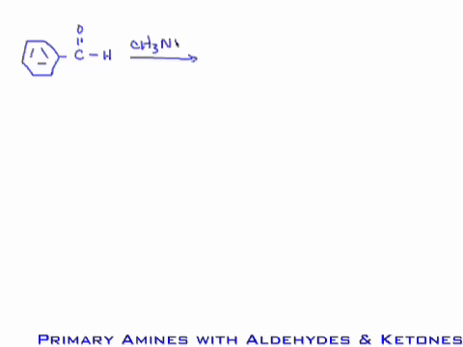If I take methylamine at pH 4 to 5, I can react to make benzaldehyde methylamine imine. So I can actually carry out a reaction with an amine to produce an imine.